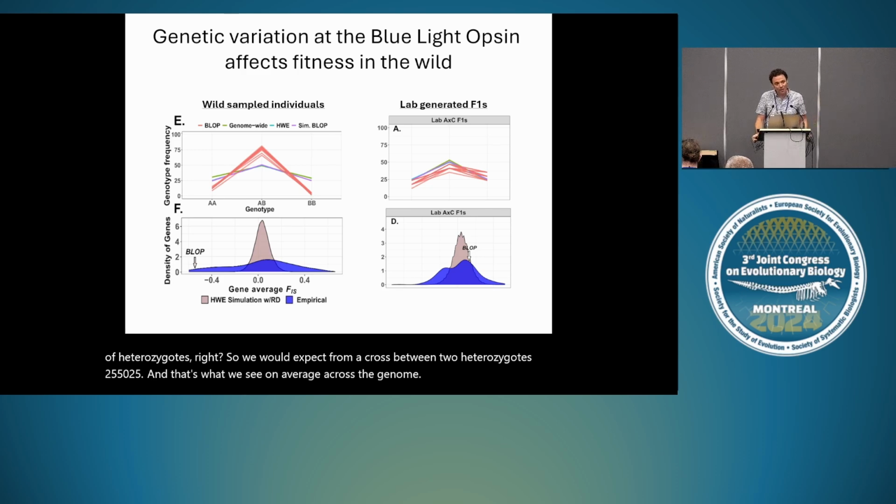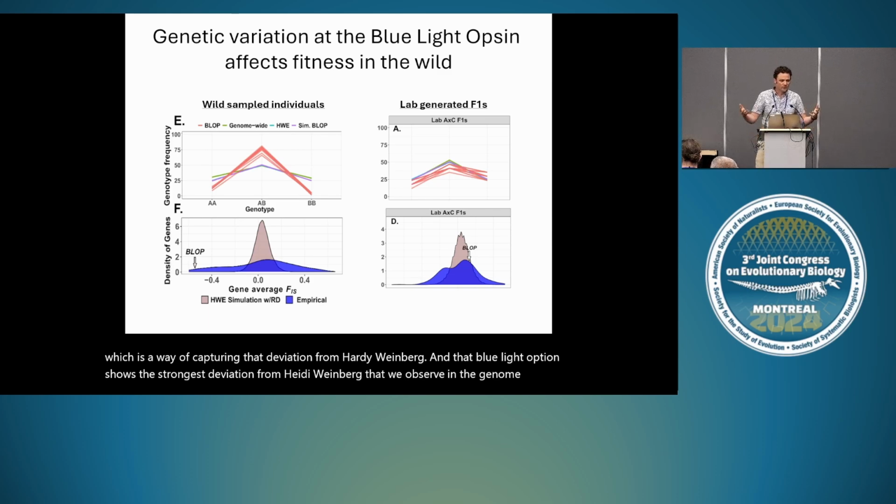At this blue light opsin, there is a strong excess of heterozygotes and a deficit of homozygotes, as you can see in panel E. Panel F shows the distribution of FIS, which is a way of capturing that deviation from Hardy-Weinberg. And that blue light opsin shows the strongest deviation from Hardy-Weinberg that we observe in the genome.